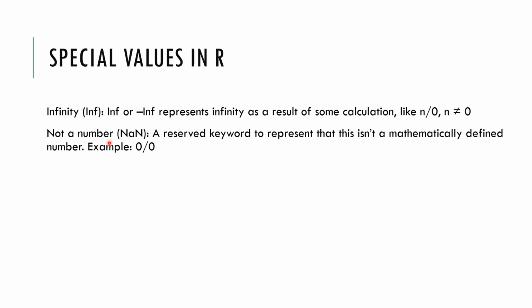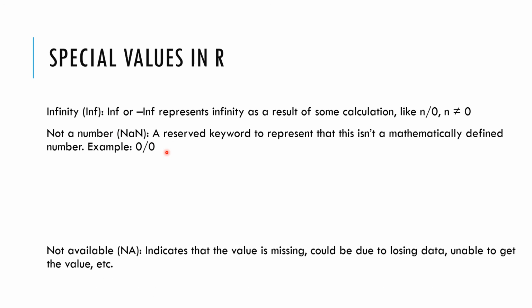Another value is not a number, NaN, capital N, small a, capital N. It's a reserved keyword to represent that this isn't a mathematically defined number. So suppose by doing some calculation you make a mistake like 0 by 0, or some code error, or if you've got data where you see NaN, that means it's not a mathematically defined number.